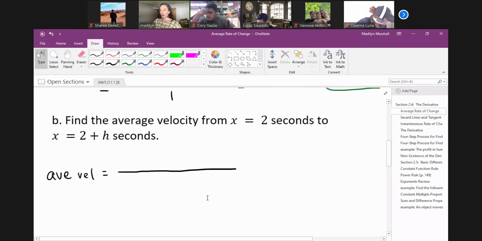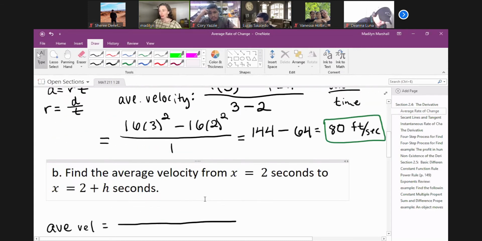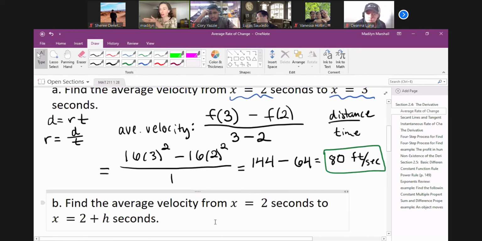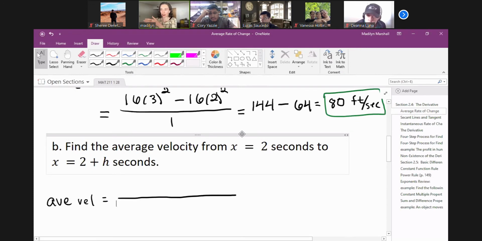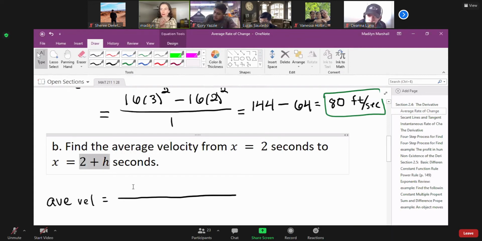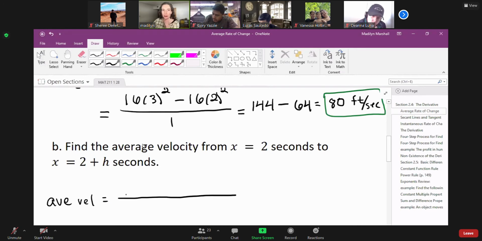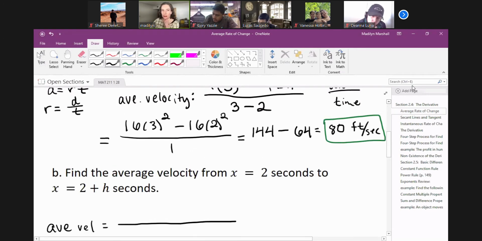So here we're sort of starting at the same place. We're still starting at that 2 seconds, but we don't know exactly how many seconds after. We just know it's h seconds. So between 2 seconds and 2 plus h seconds. So how will we figure out the distance that we traveled between 2 seconds and 2 plus h seconds?